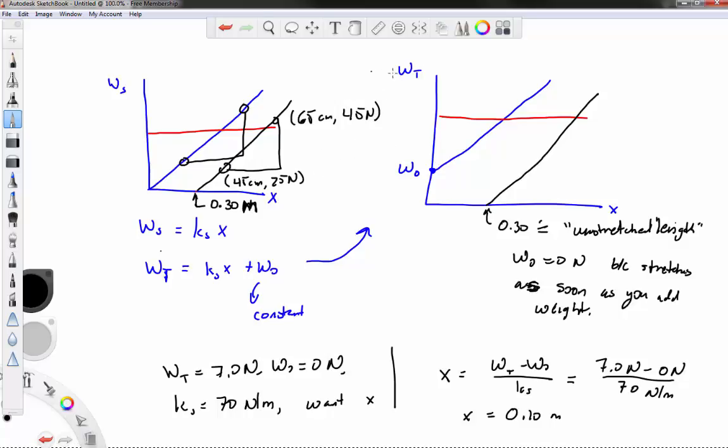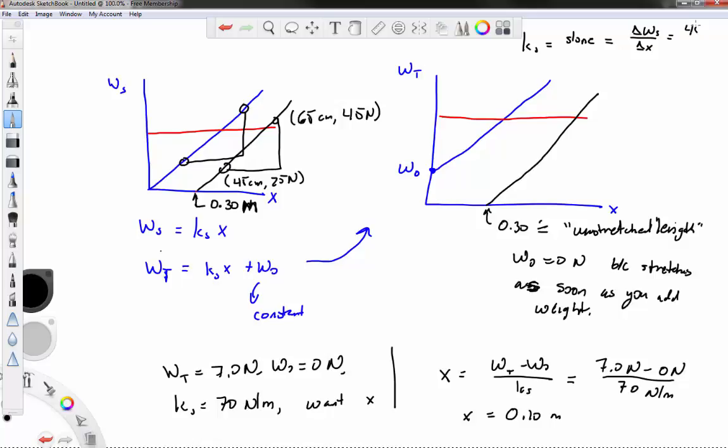All right, so again, the spring constant is given by the slope. So that is delta W over delta X. And so to get those deltas, we have 45 minus 25.